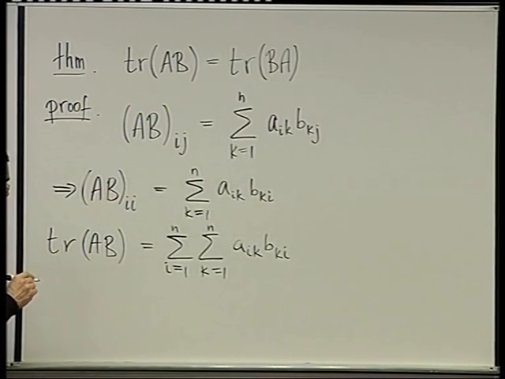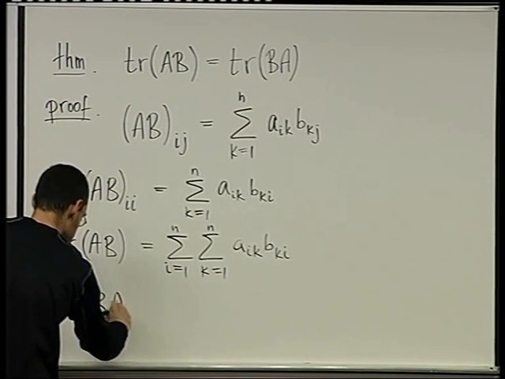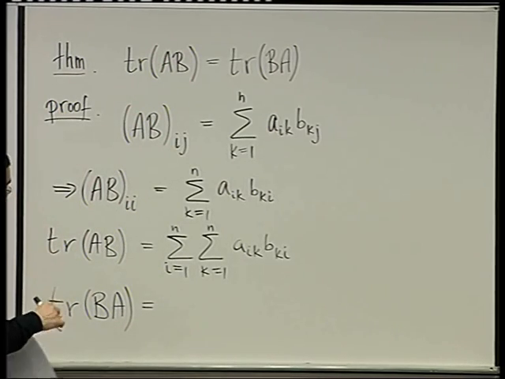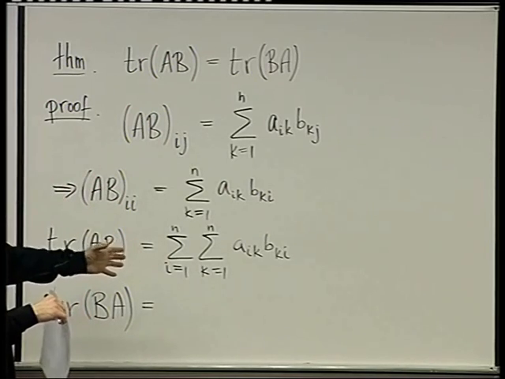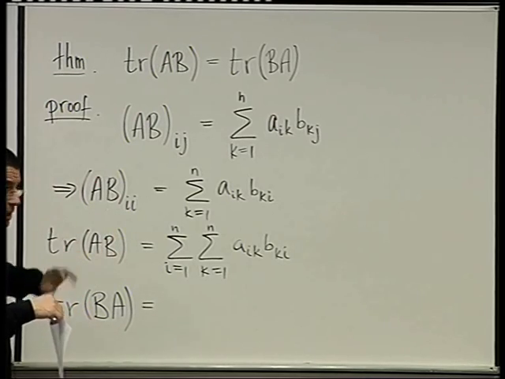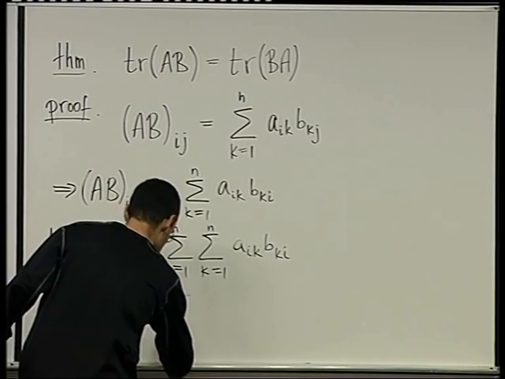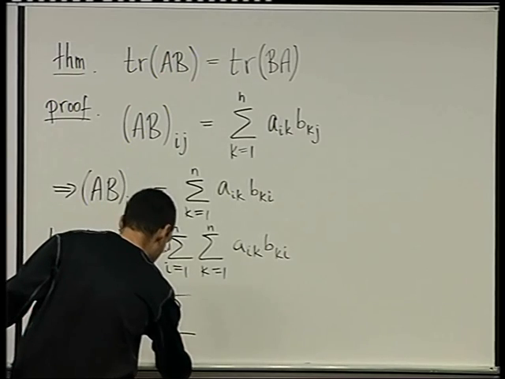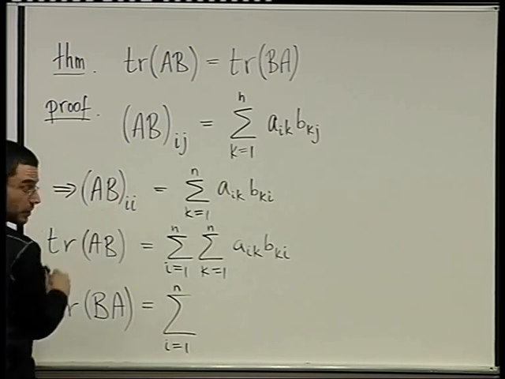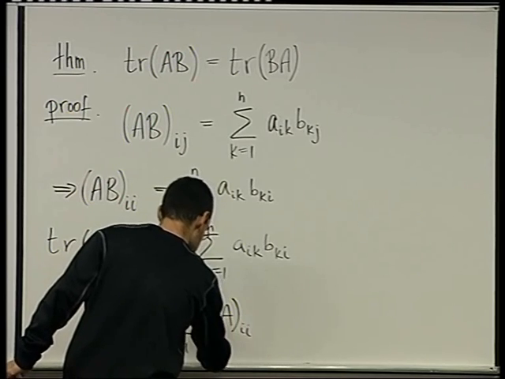Good? Now what is the trace of BA? Let's do it slowly and carefully. Once you can see through the notation it's rather trivial, but the notation is sometimes a barrier. So the trace of BA is again a sum. Let's write an intermediate step: the sum over i equals 1 to n of (BA)_ii.